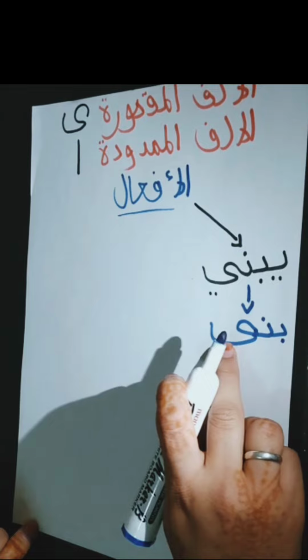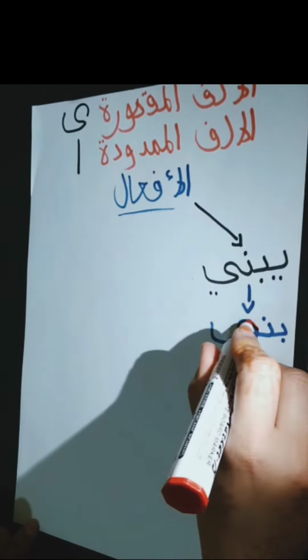If the verb is put in present tense and the end of the word is the letter ya, then we should write it with الألف المقصورة.